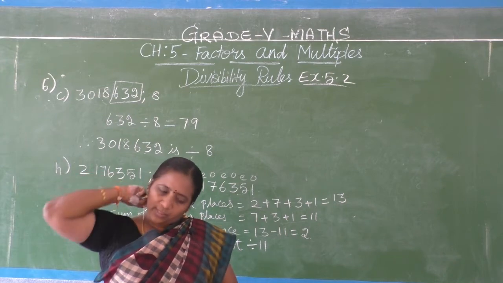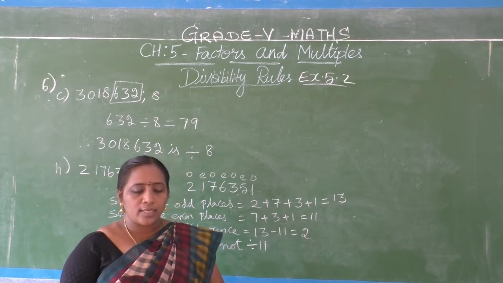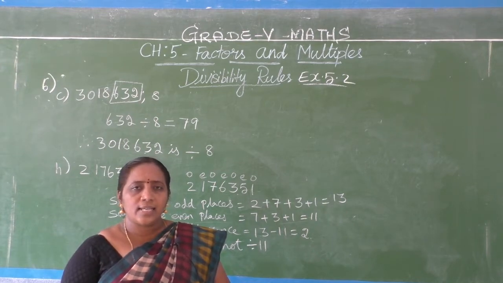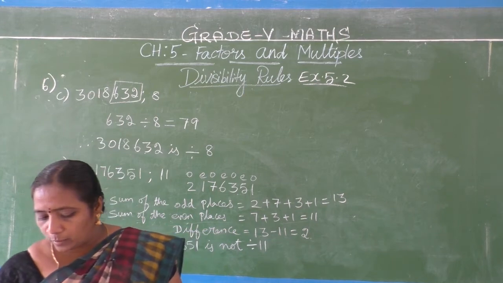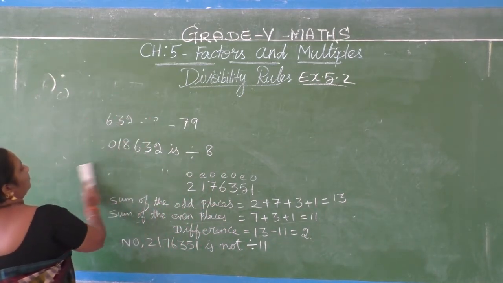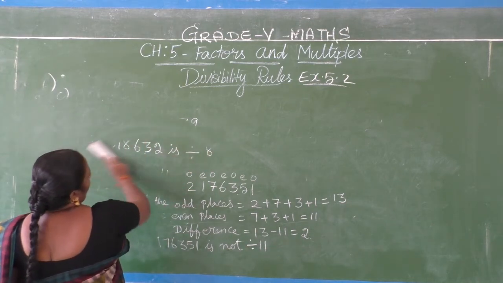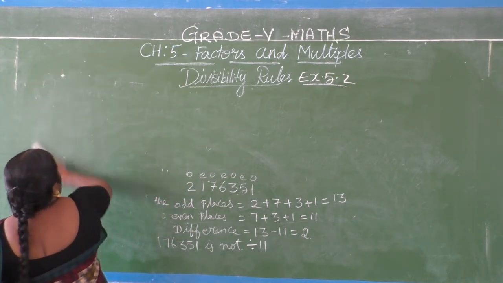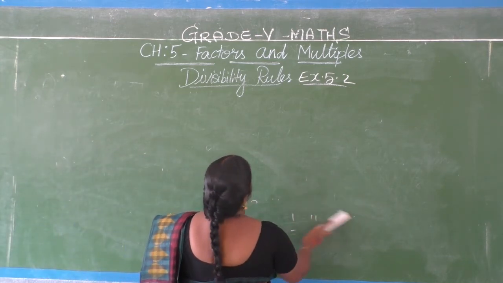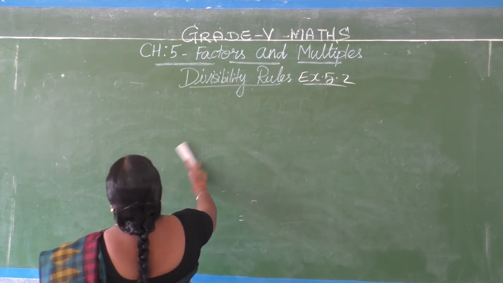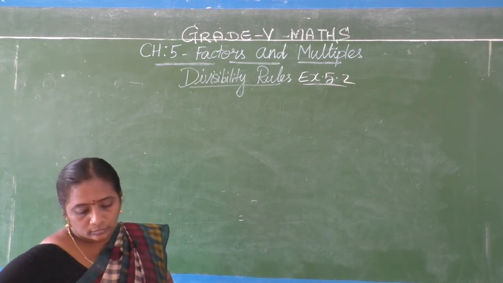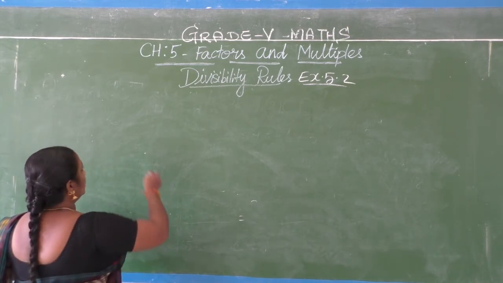So what is the rule for the seventh Roman? Fill in the smallest digit to make these numbers divisible by 3. So you have to check the sum of the digits. I will tell you only one sum. Say 63, seventh Roman.